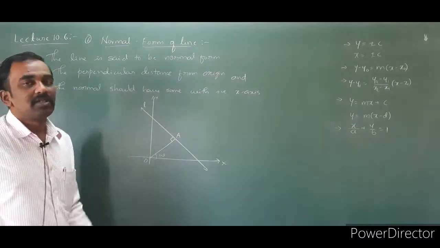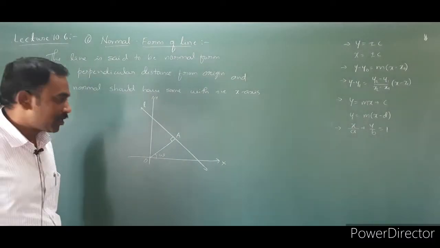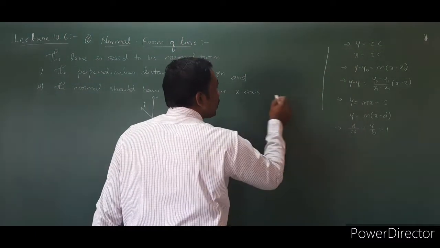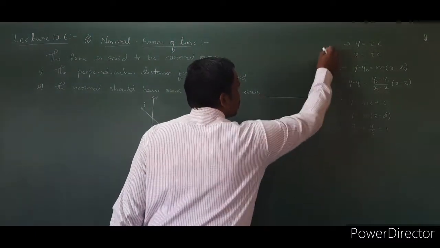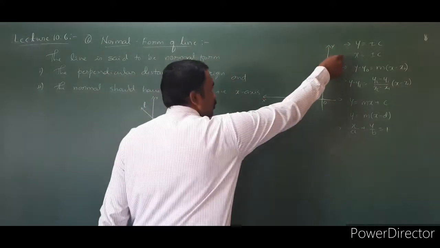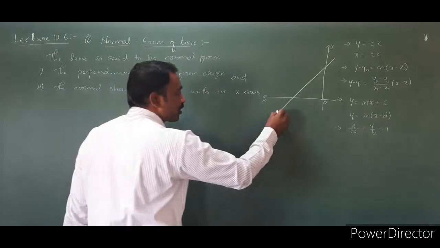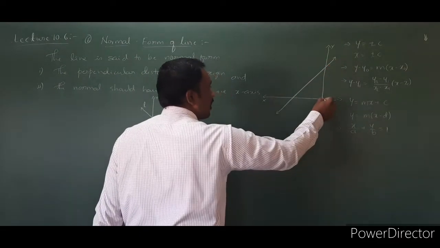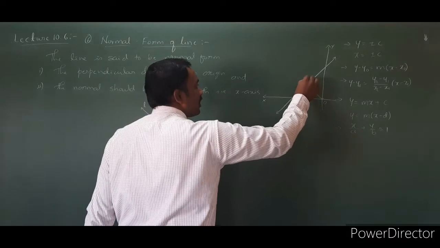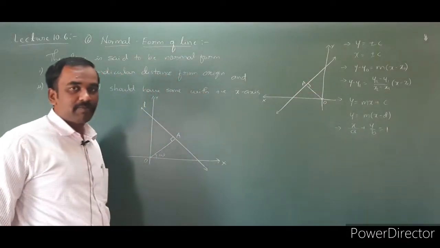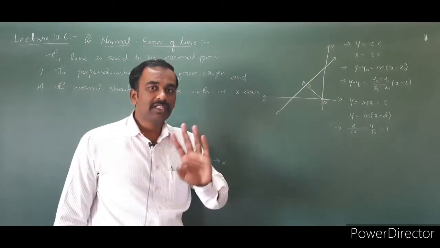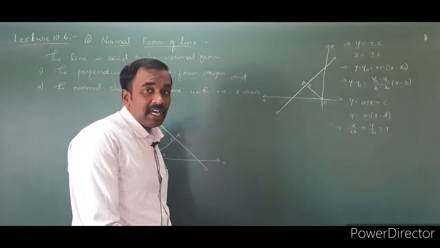Suppose the line is present in the first quadrant. Suppose the line is present in the second quadrant. It is the origin, it is a y axis, and it is the x axis. Suppose the line is in this manner. Then what is the normal form? This is the perpendicular that I just named OA, in all the four orientations. And what is the angle?